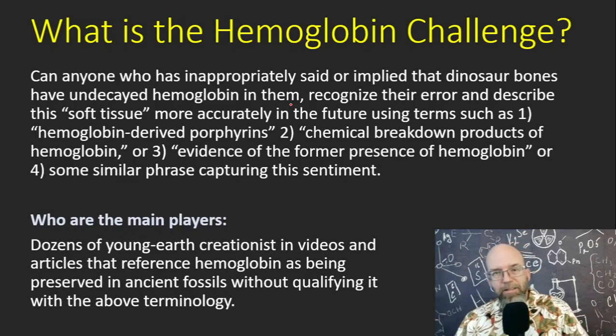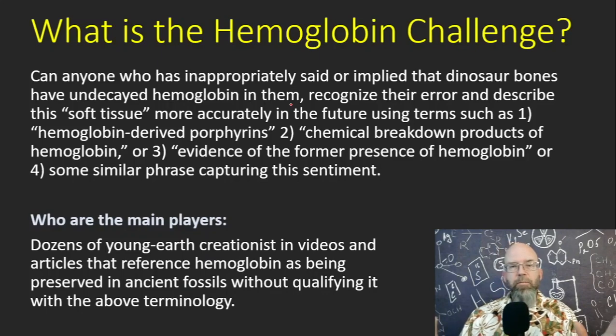All right, so what I expect is this. If any particular person in the creationist community has inappropriately said or implied that dinosaur bones have undecayed hemoglobin in them, I want them to recognize their error and describe this soft tissue more accurately in the future.